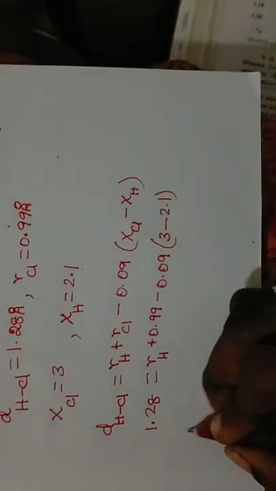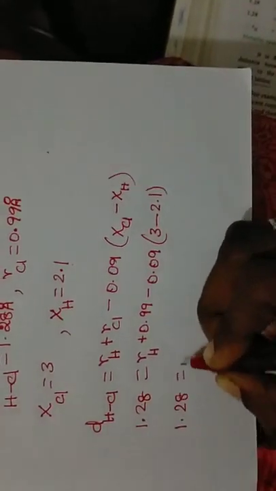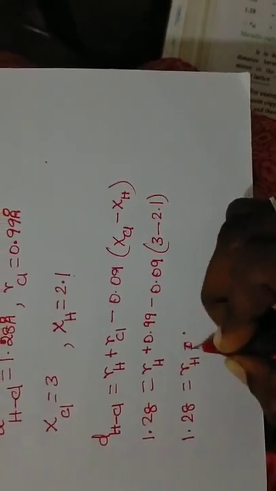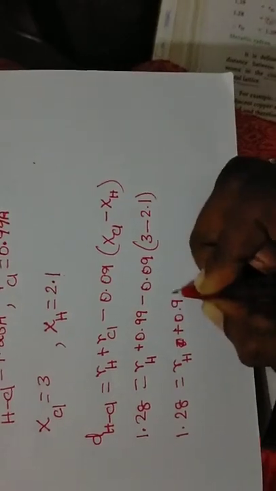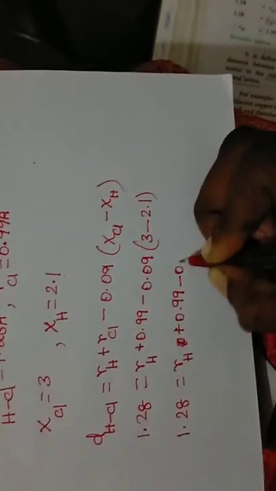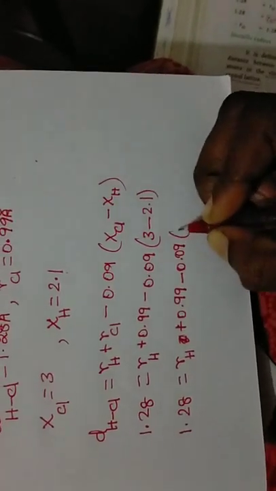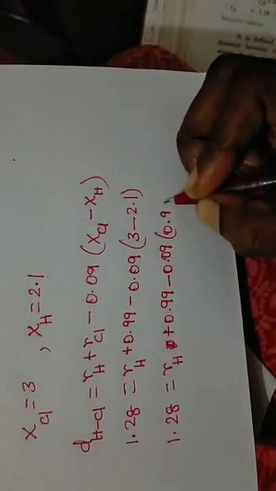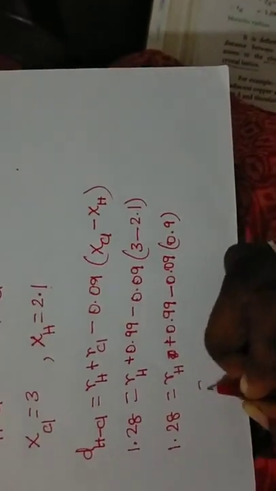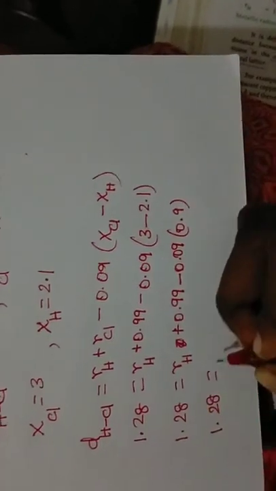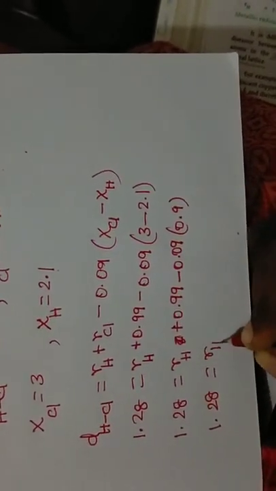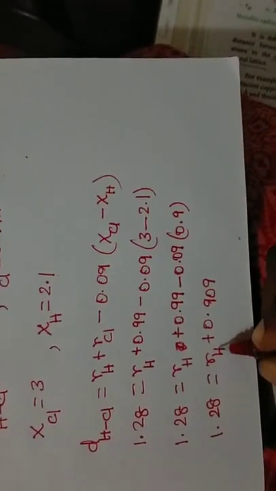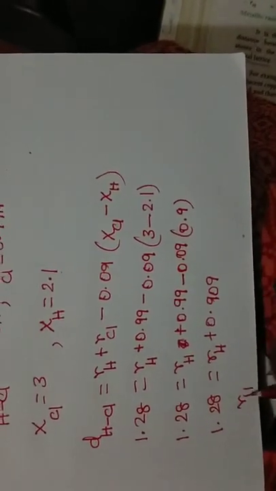Subtracting, you get 0.909. So 1.28 equals RH plus 0.909.